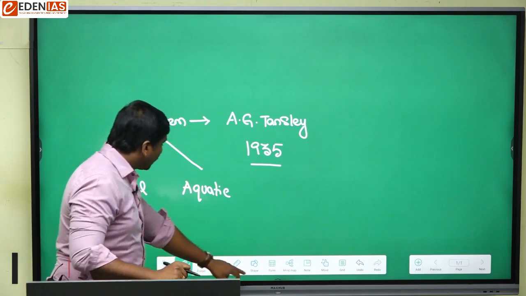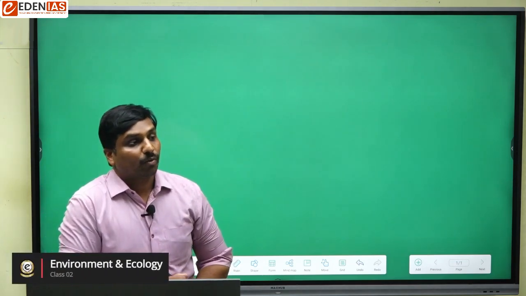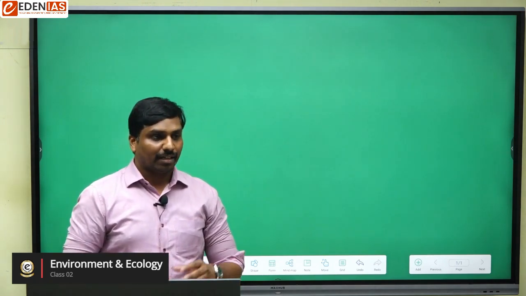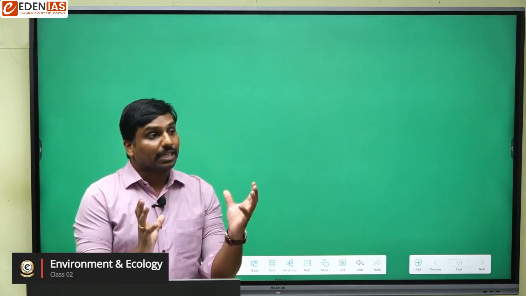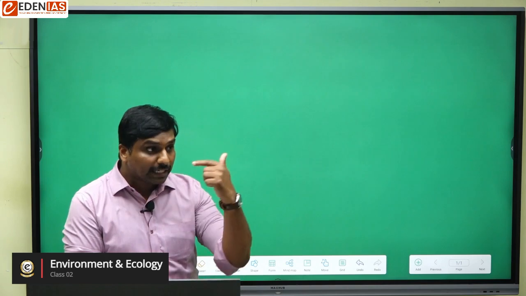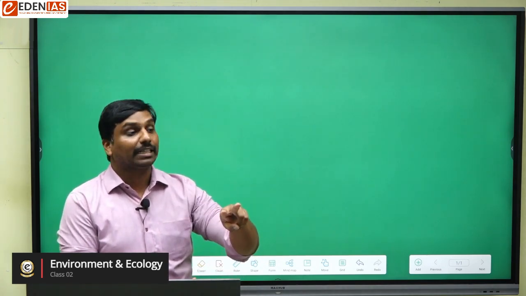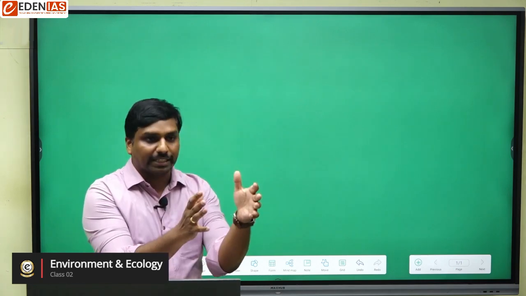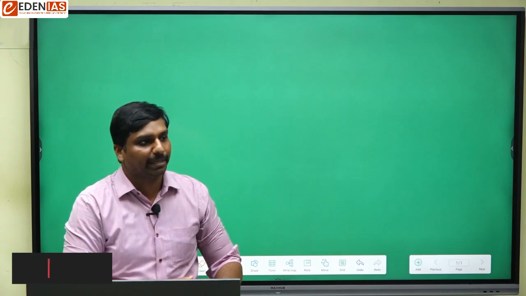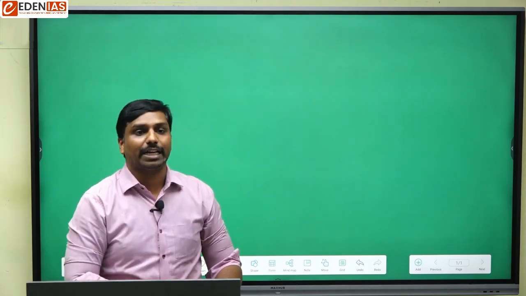Now try to catch the essence. What do you mean by biotic community or biological community? It is an assemblage of populations of different species. When populations of different species assemble at one place, can we expect interactions between them? Think about deer and tiger. When they are at one place, obviously they will interact. Their interactions would be like prey and predator. One eats the other, one feeds on another. So there would be interactions.